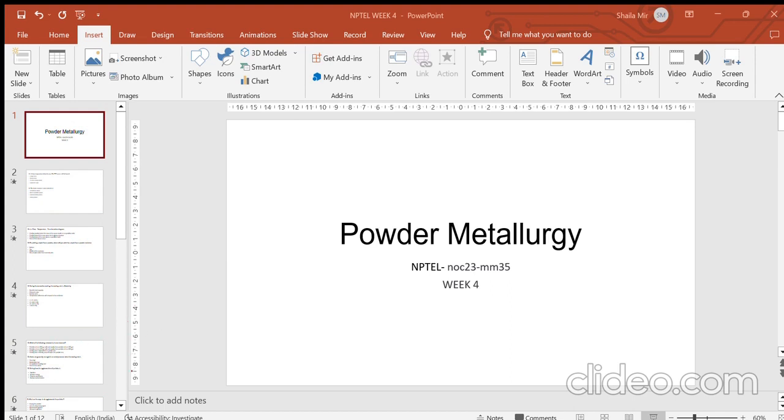But when you're talking about powders, there is one problem with them. When you're talking about particles, there are two things. One is the particle size, and the other is the particle shape.